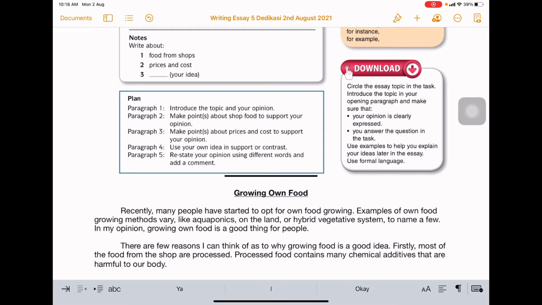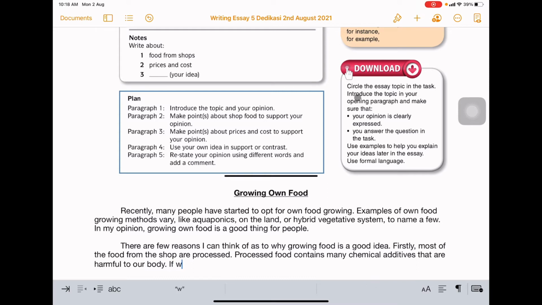Okay, and then after that you explain why it is good to grow your own food, as against processed food.